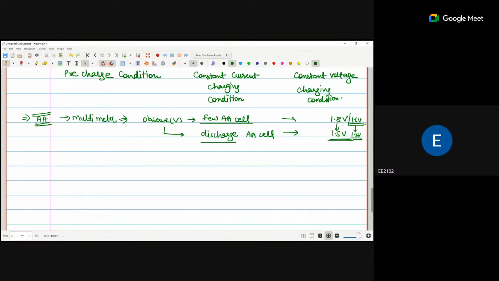So what difference is created between 1.8 and 1.5 volts? Here the battery completely works and here it completely does not work. The voltage does not vary too much. Only the current varies. If it is a 900 mAh battery, the current of 900 milliampere will go down to 50 or 20 milliampere like that.